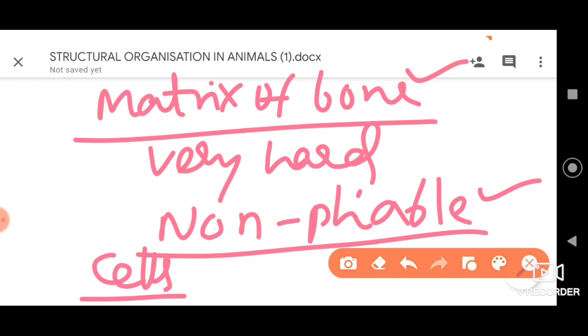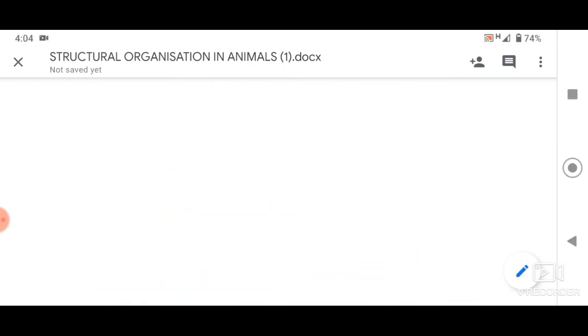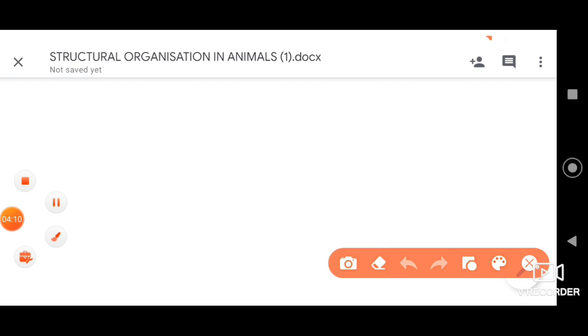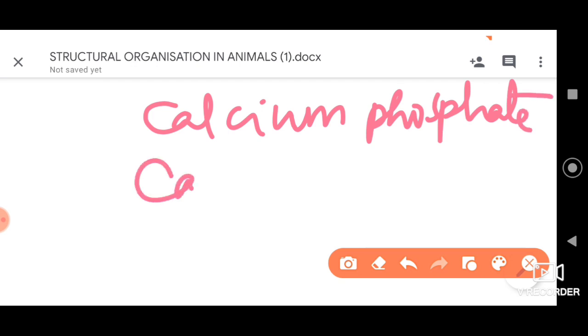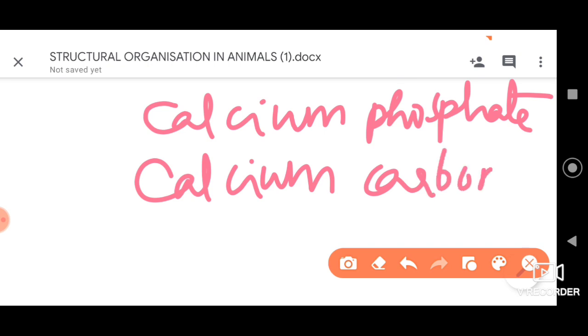Now let me tell you that the ground substance of this tissue is formed majorly of calcium phosphate and calcium carbonate as the major calcium components.